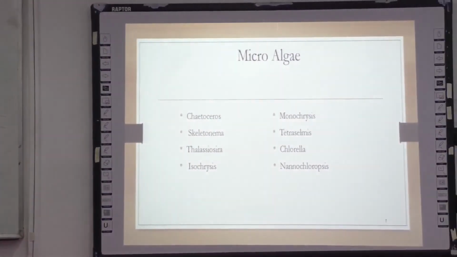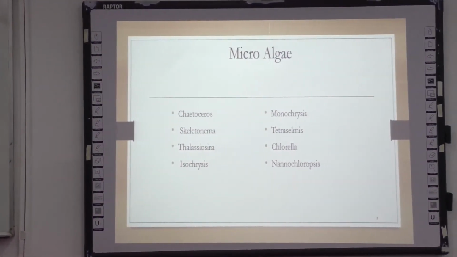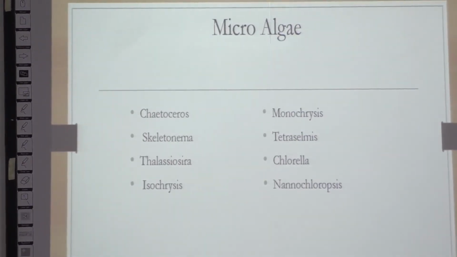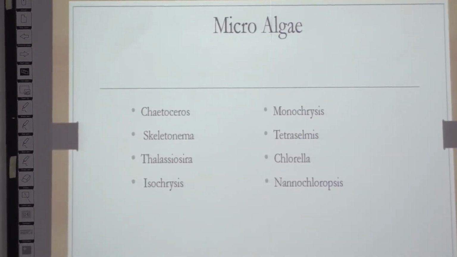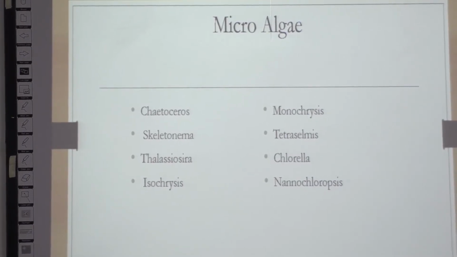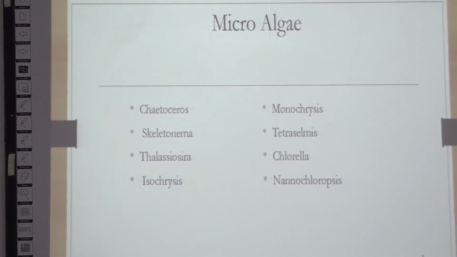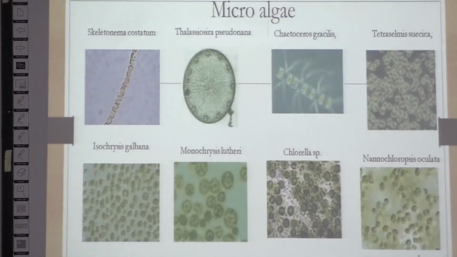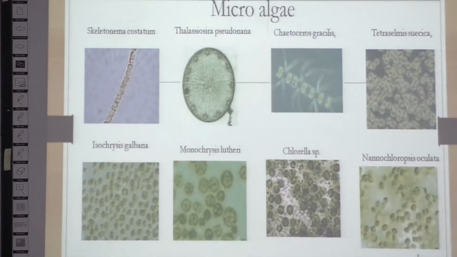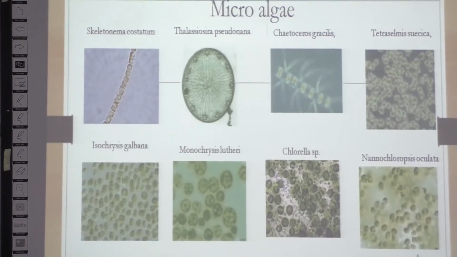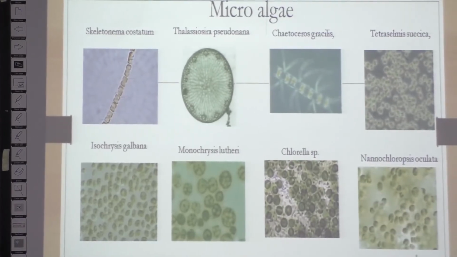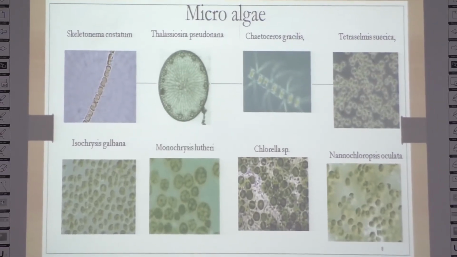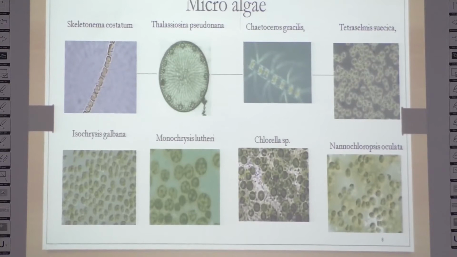And the genera which are used extensively are Ketoceras, Skeletonema, Thalassiodesera, Isochrysis, Monochrysis, Tetraselmis, Chlorella, as well as Nanochloropsis. Let us have a look at the photographs of this Skeletonema, Thalassiodesera, Ketoceras, Tetraselmis, Isochrysis, Monochrysis, Chlorella and Nanochloropsis.